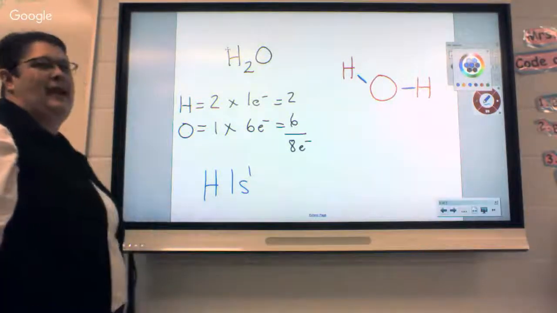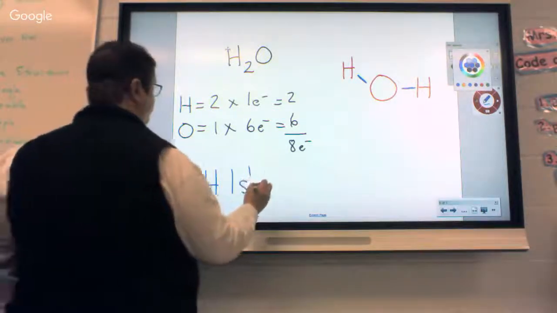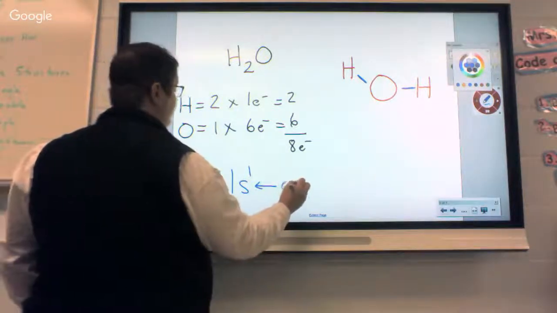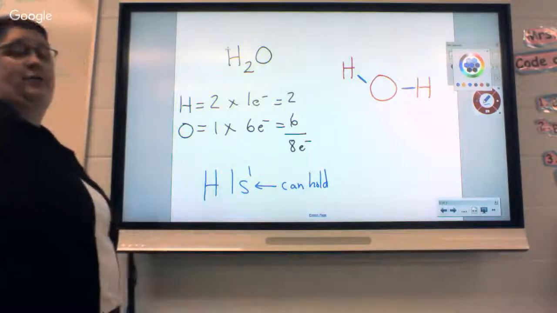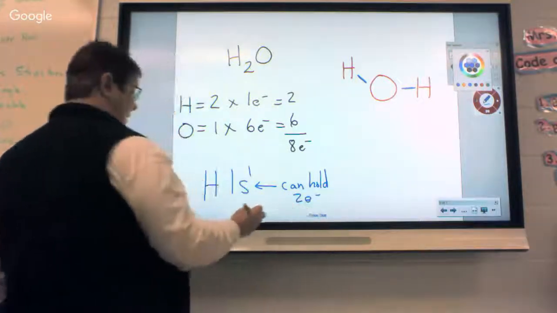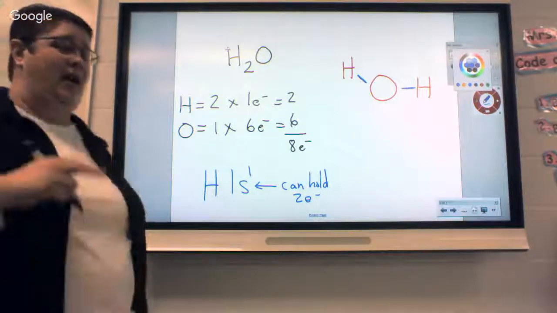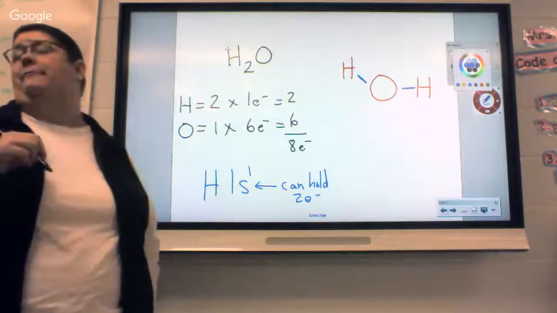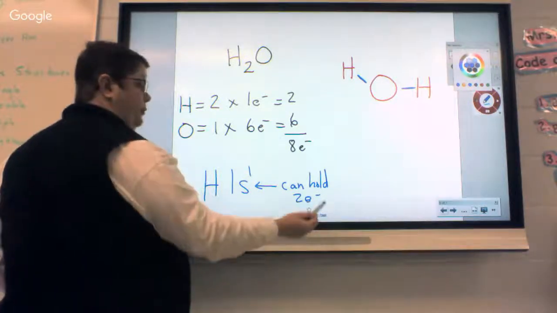How many electrons can an S sublevel hold? S can hold how many electrons? I heard several people with the right answer. 2 electrons. So, if an S can only hold 2 electrons, how many electrons can an H have on it at any given time? Can only have 2. Okay?